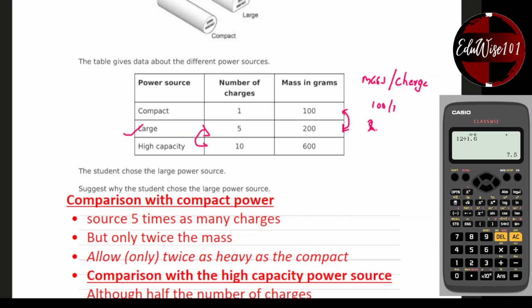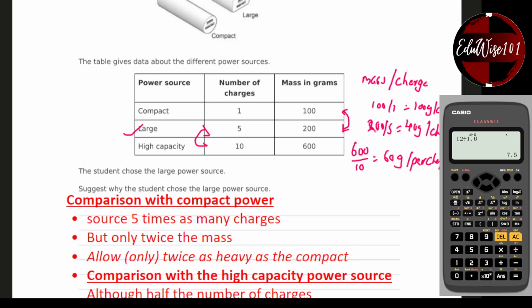Here it's 200 divided by 5, that's 40 grams per charge. And if I divide 600 by 10, that's 60 grams per charge.